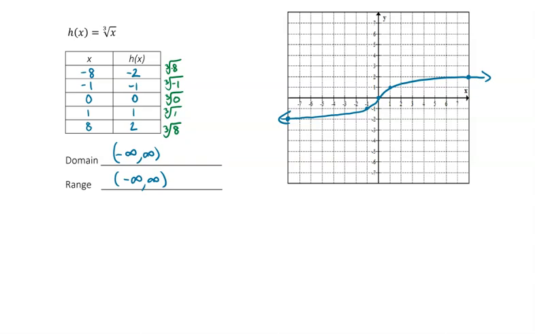Hopefully this at least showed how to plug in some x values and find some y values. And hopefully this gives you an idea of the basic shape of these parent functions, because we are going to be using this whenever we get to transformations in order to have these points and not have to do all of this work again, that we can use those and start moving them around.